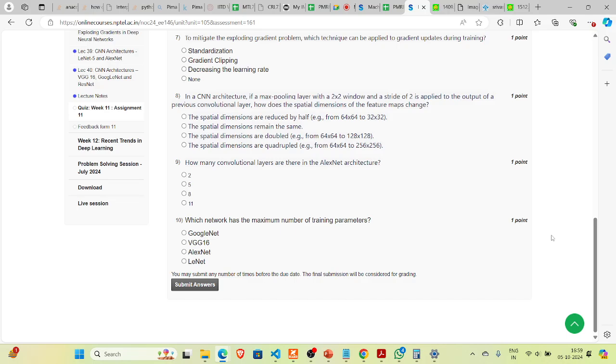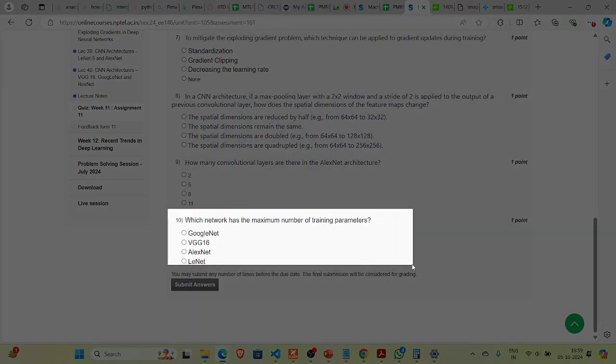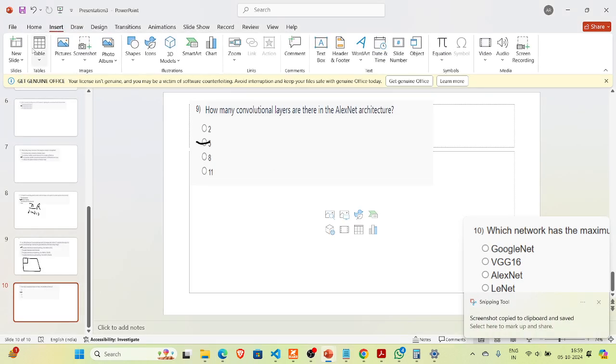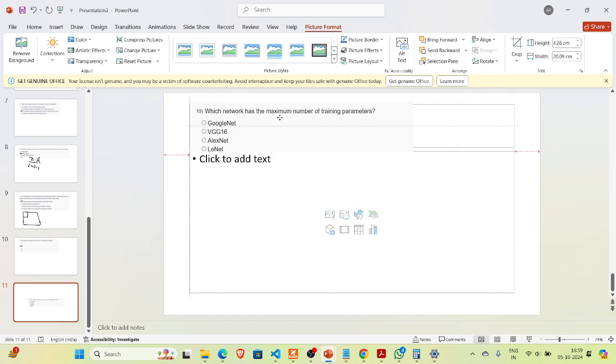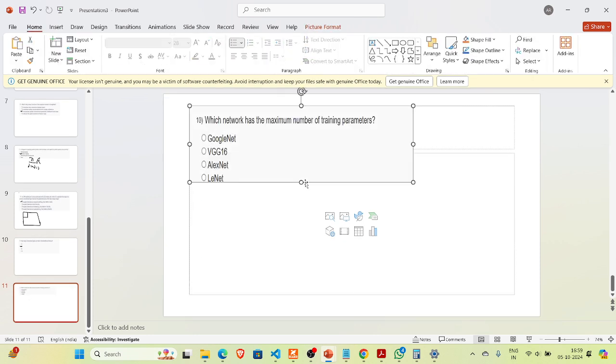So the next question is which of these networks has the maximum number of training parameters. Very easy question actually. You don't even need to count or see the paper. As you could see in the VGG16 paper, the number of fully connected layers was 3.